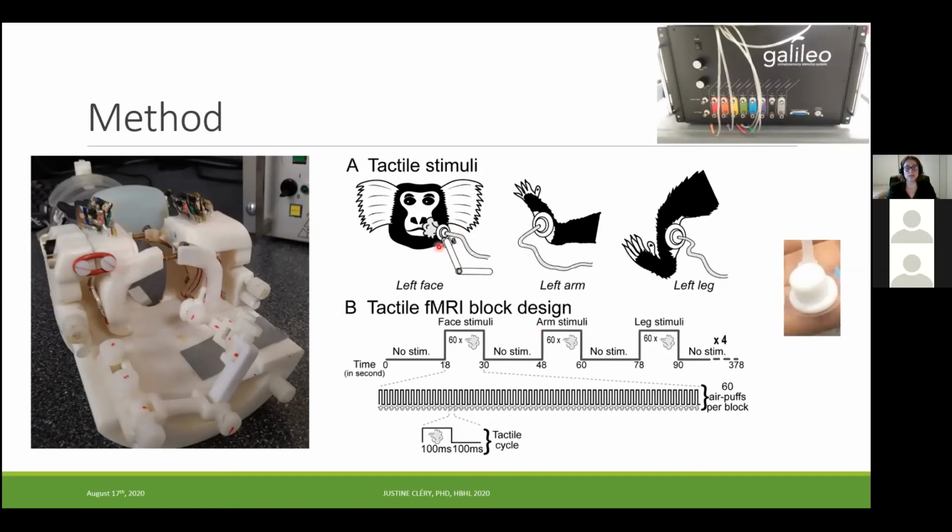The lower part of the face, encompassing the nose, mouth, and chin, were stimulated by a plastic tubular arm put in front of the animal face. Air puffs were delivered in a block design. So face, arm, and leg were stimulated at a frequency of 5 Hz in different blocks, separated with non-stimulation condition.